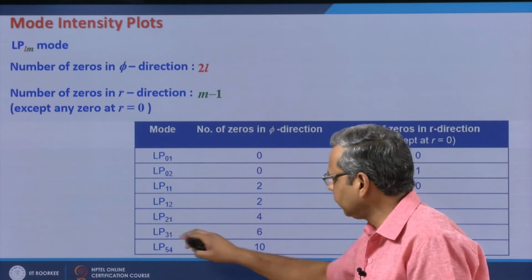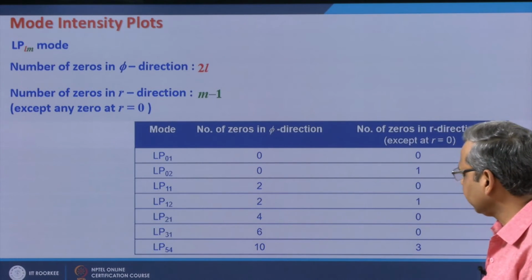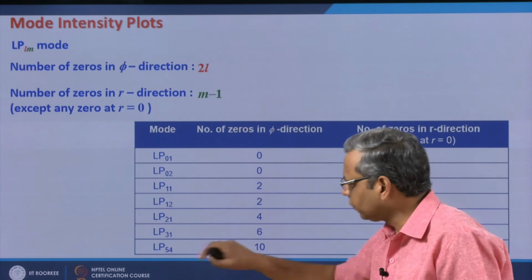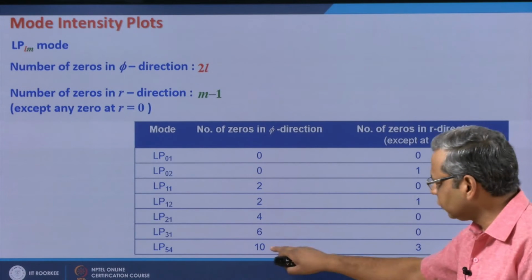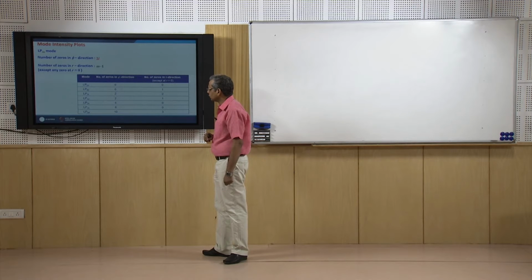For the LP31 mode, I will have 6 zeros in the phi direction and no 0 in the r direction. For the LP54 mode, I will have 10 zeros in the phi direction and 3 zeros, 4 minus 1, in the r direction.